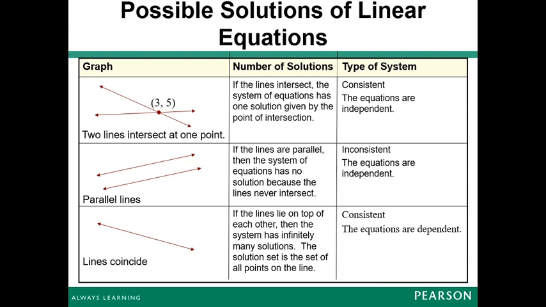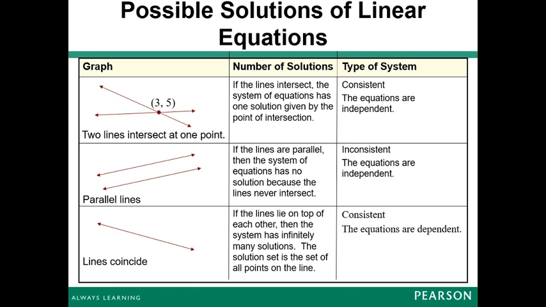In this case, remember the number of solutions: if the lines intersect, the system of equations has one solution given by the point of intersection. Okay, so in this case, the type of system is consistent and the equations are independent. Okay, the second one is the parallel lines.